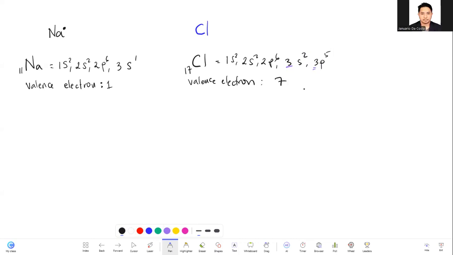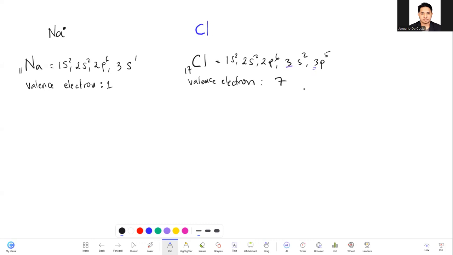Okay, so which one is easier: chlorine receiving 1 electron or giving out 7 electrons? Receiving, gaining 1 electron, correct? When it gains 1 electron, is that a cation or an anion? Anion, so it's negative.